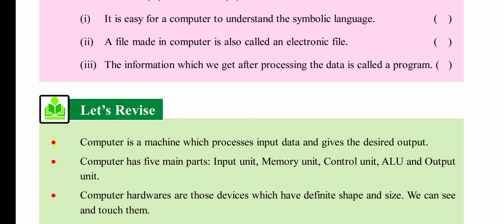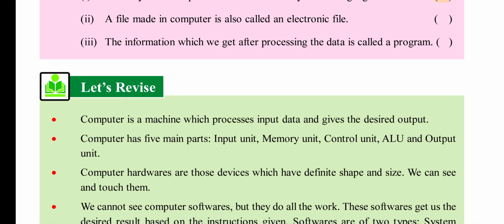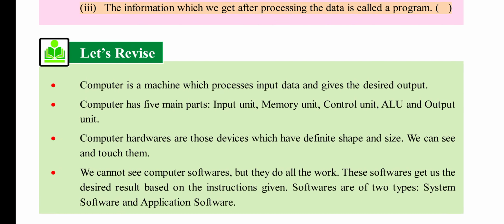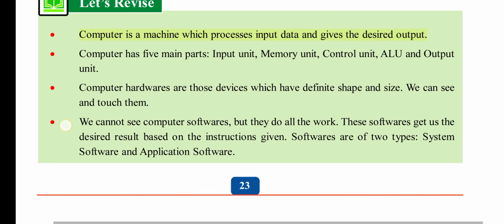Let's revise. The information which we get after processing the data is called a program. Computer is a machine which processes input data and gives the desired output.